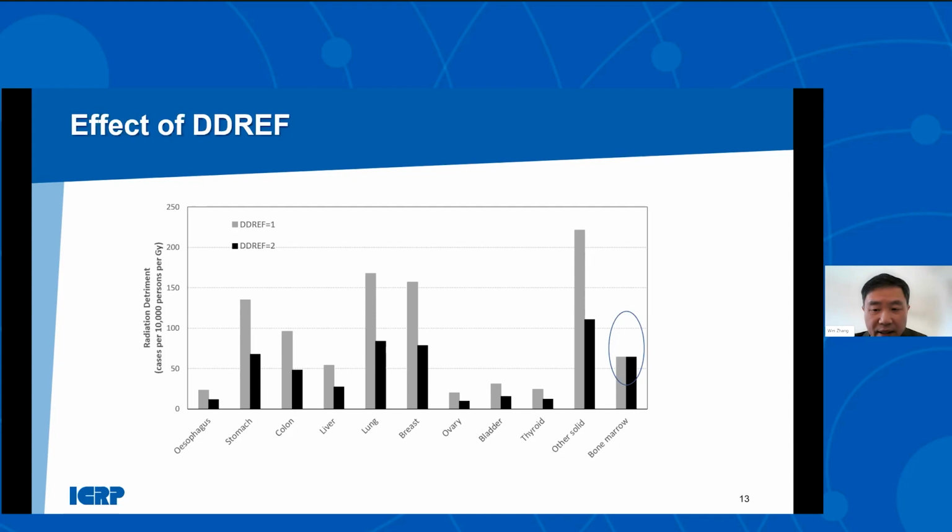As expected, the detriment increased by a factor of 2 if a DDIF equal to 1 is used for the calculation. Detriment is inversely proportional to the DDIF value. However, there's no change for leukemia as DDIF is not applied to leukemia. It has been taken care of by the linear quadratic risk model for leukemia.